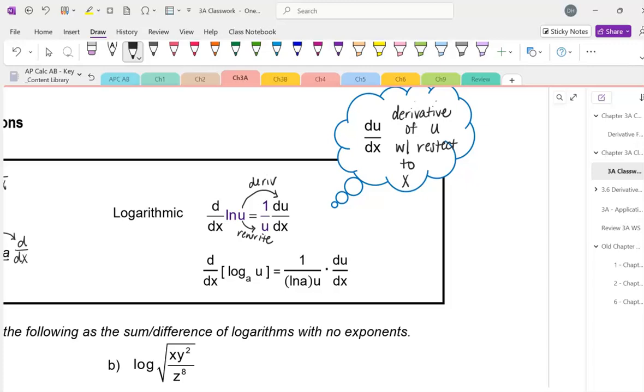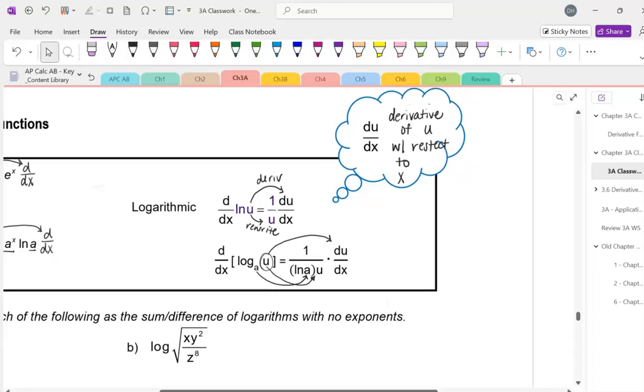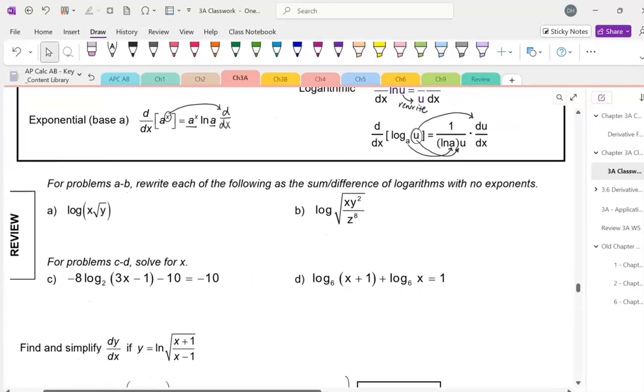It could also be natural log u divided by natural log a. So this comes from a play on that. It's going to be 1 over natural log of whatever the base is, multiplied by a rewrite of whatever u is, so whatever's next to the log, and then you're going to multiply by the derivative of what's next to the log. So that's just the formula for it.